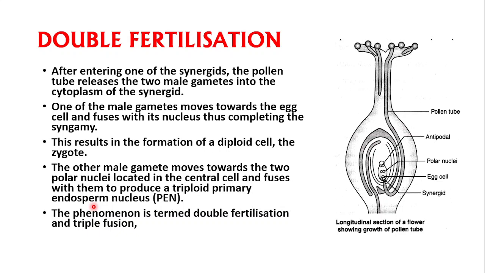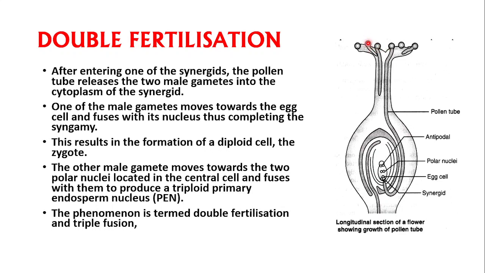See, soon after pollination in angiosperms, what happens? When the pollen grain approaches the surface of the stigma, the pollen-pistil interaction is initiated. When the stigmatic surface recognizes the pollen grain as compatible or as its own, it allows the pollen grain to germinate.